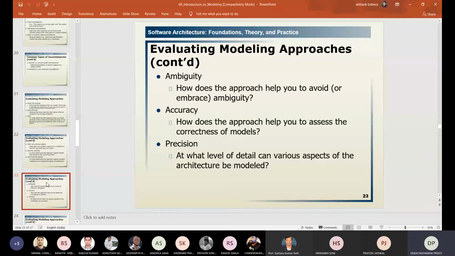For this we have to evaluate the accuracy. Then how precise is the result, how sharply, in a pinpointed way, it will provide the result. At what level of detail can various aspects of the architecture be modeled?